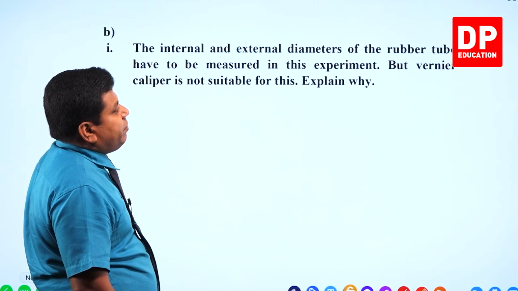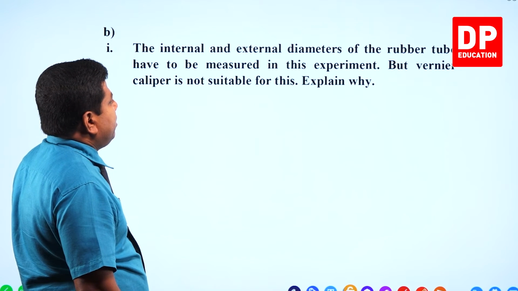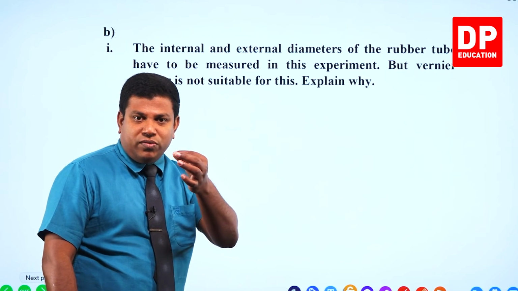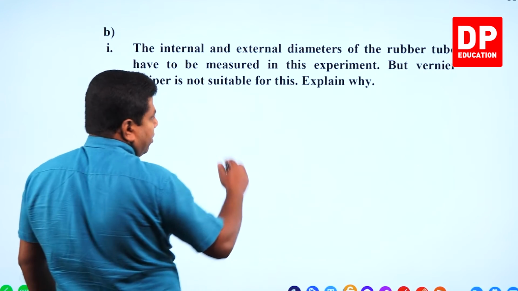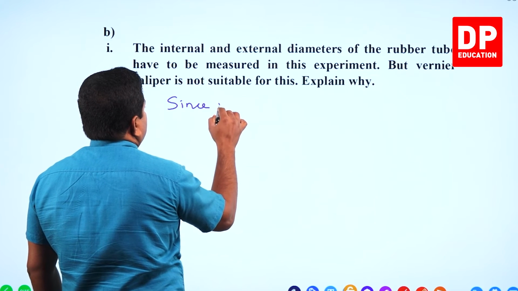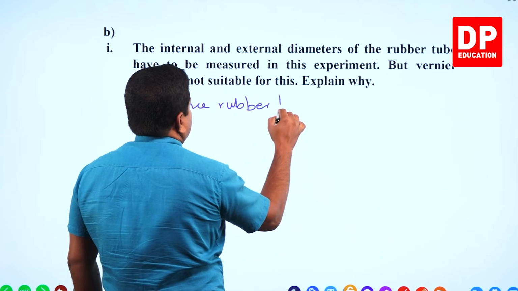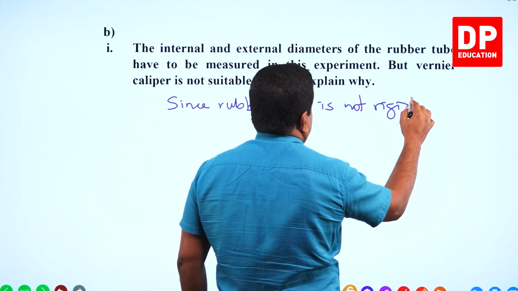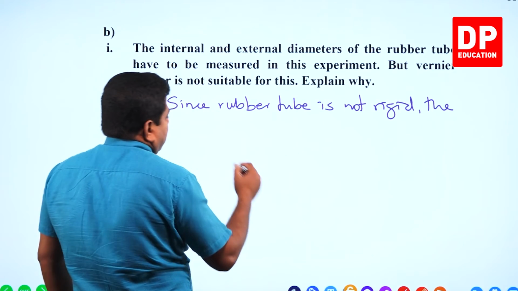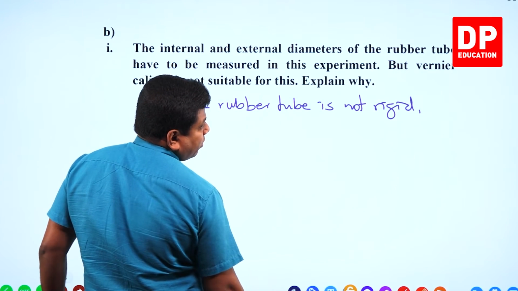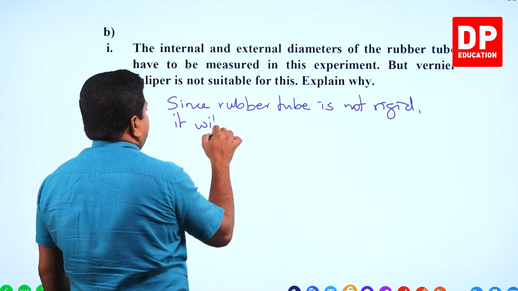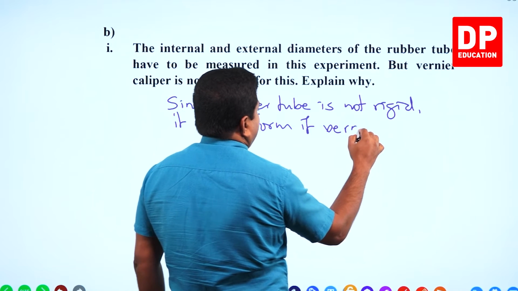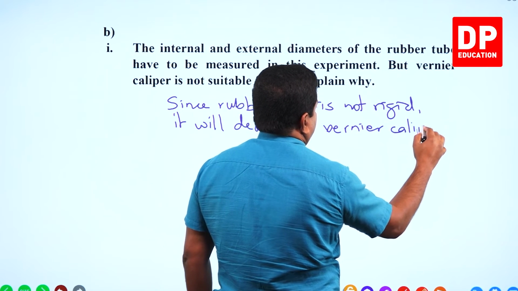The internal and external diameters of the rubber tube have to be measured in this experiment. But vernier caliper is not suitable for this. Explain why. The shape will change if you put it in the vernier caliper. Since rubber tube is not rigid, it will deform if vernier caliper is used.